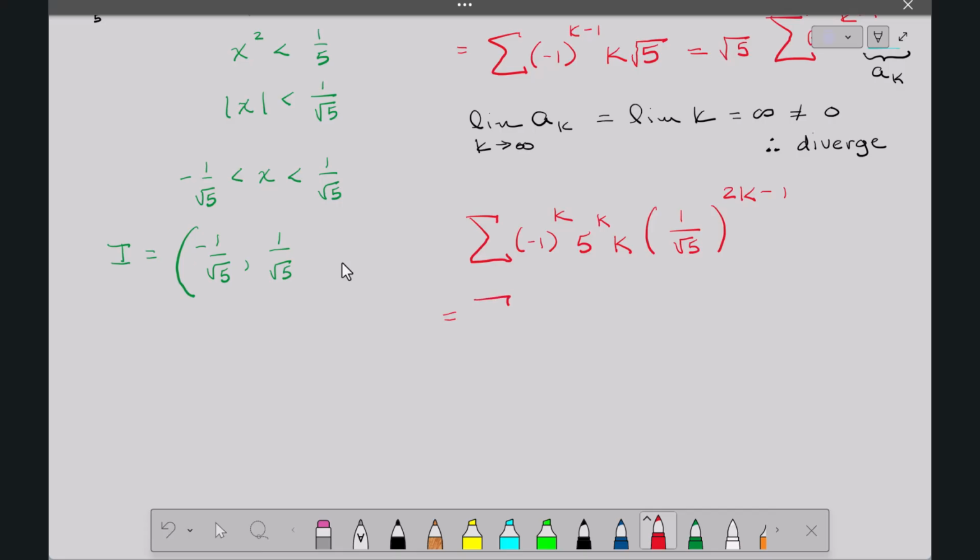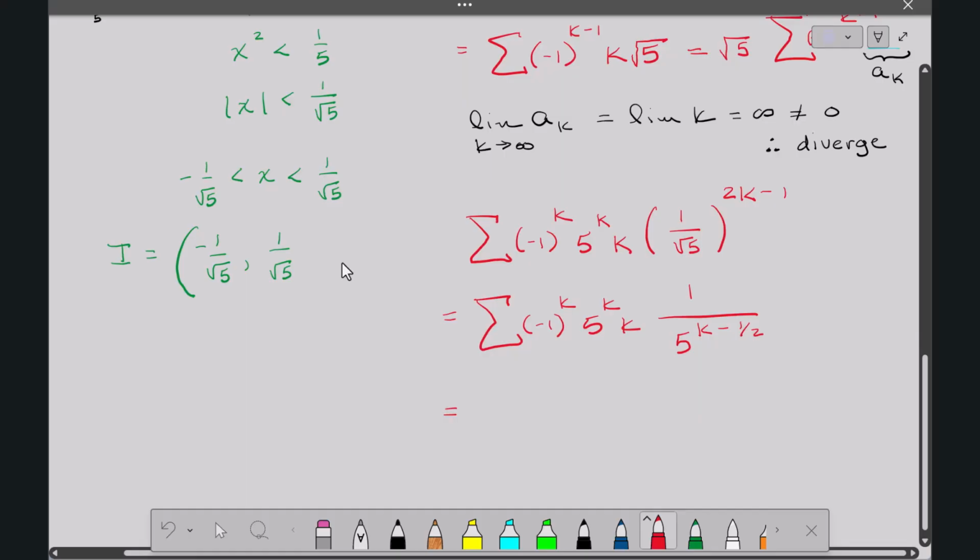Well, let's deal with that stuff in the parentheses over there. These parts, let's just leave alone. The numerator is a 1. In the denominator, we have 5 to the half. So that's going to be 5 to the 1/2 times 2k, which is k. Negative 1 times 1/2 is going to be that.